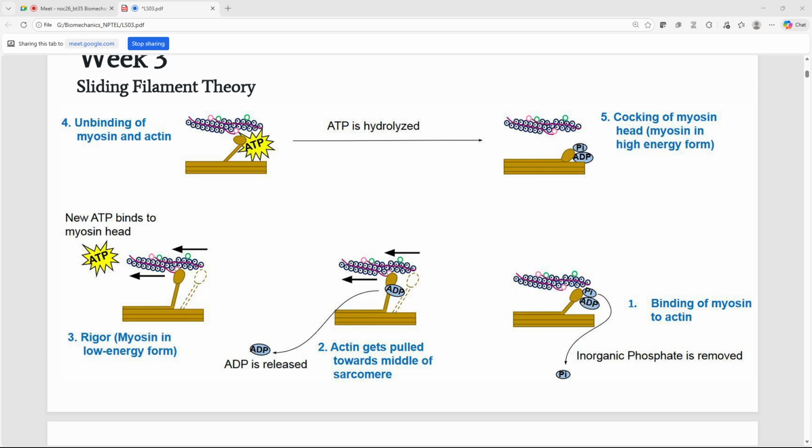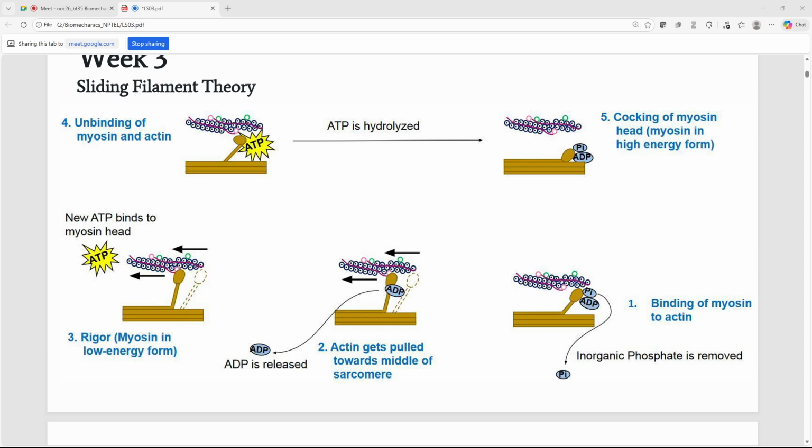So when the myosin binding sites are exposed, the energized myosin heads will attach to the actin, and this will form cross bridges, and these cross bridges will create a pulling action.